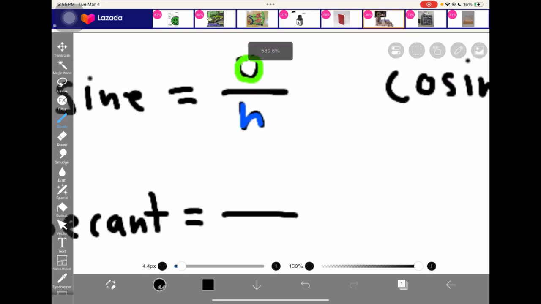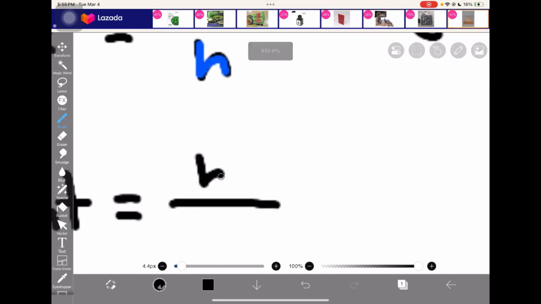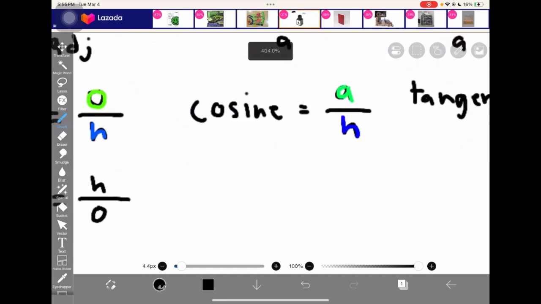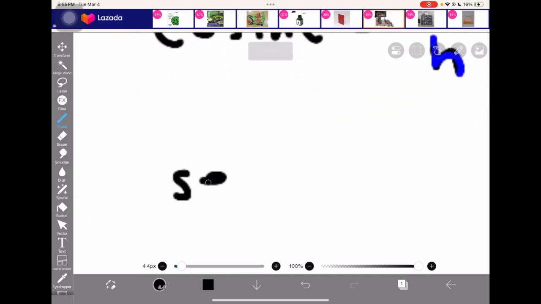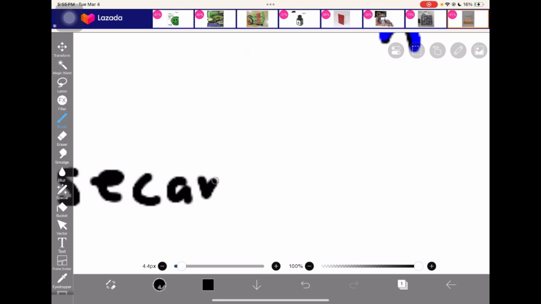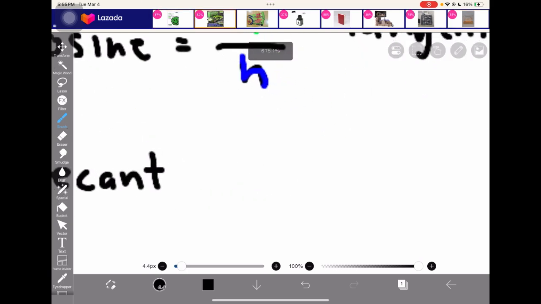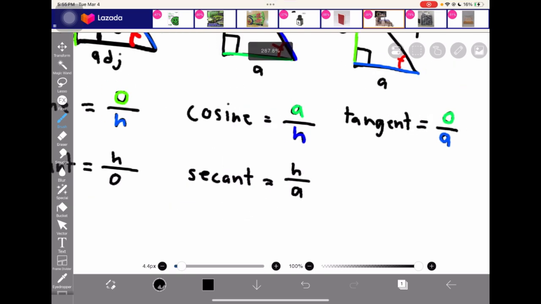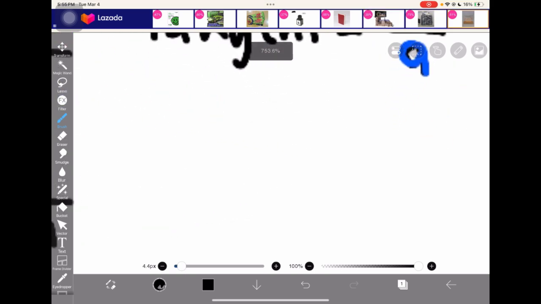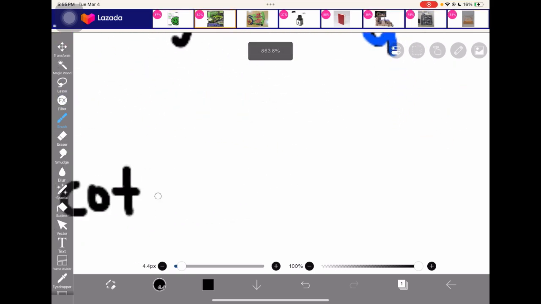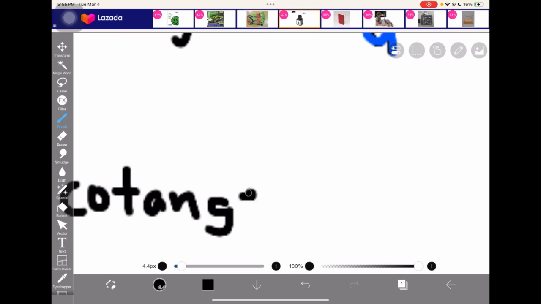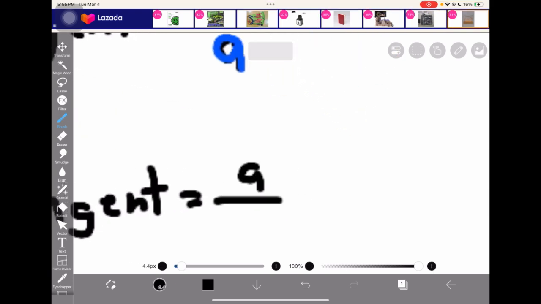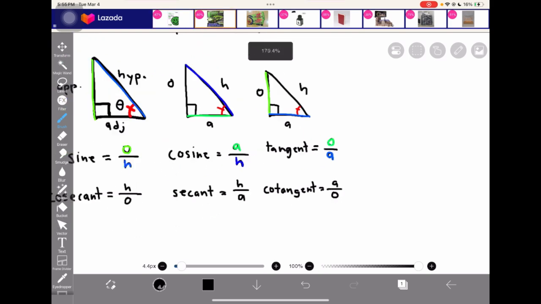So instead of opposite over hypotenuse, it's hypotenuse over opposite. For cosine, it's secant. That's equal to the hypotenuse over the adjacent. And for tangent, it's cotangent. That's equal to the adjacent over the opposite.